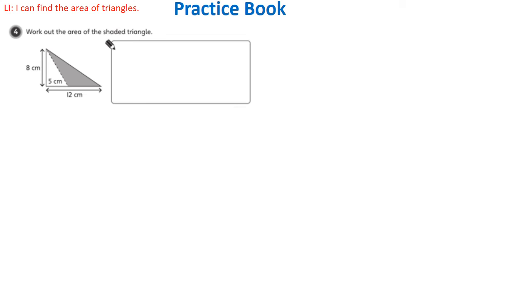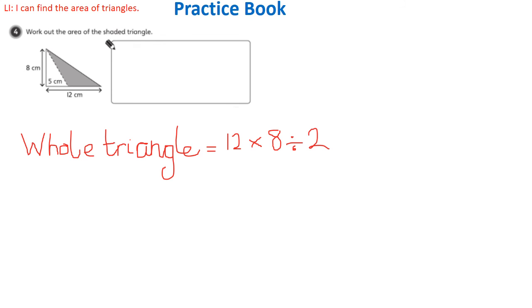Well, we've got several steps to this. First of all, you're going to have to find out the area of the whole triangle. That's the whole big shape. So we can see that that is 12 across with a height of 8. So we times those together and we divide by 2. Then you're going to want to find the area of the smaller triangle, the white one.